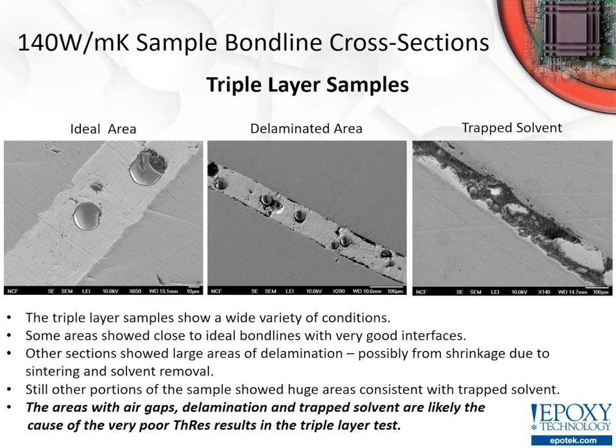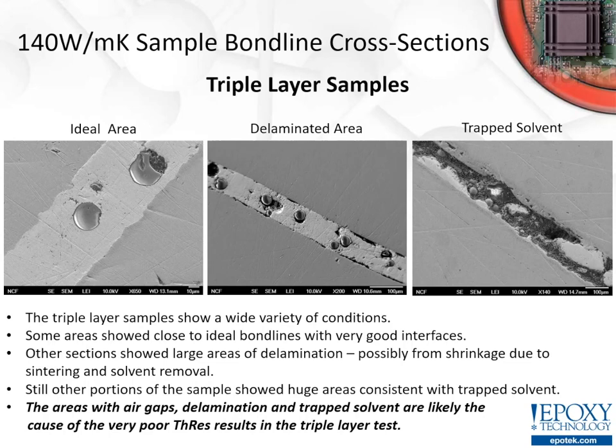The spheres you see within the bond line are glass spacer beads to try to create a uniform bond line. And in the delamination areas, you can see the silver has shrunk so much that it's pulled away from those spacer beads and pulled away from the substrates.